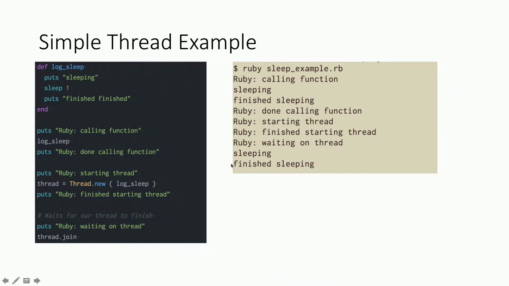We're starting a thread, and we already get the output that we finished starting the thread. Our code actually has not even started to run because we don't see any output. We actually make it to the very end of our program before the thread has even started this output. We call thread.join because that tells the current process to wait on the thread that's being run.